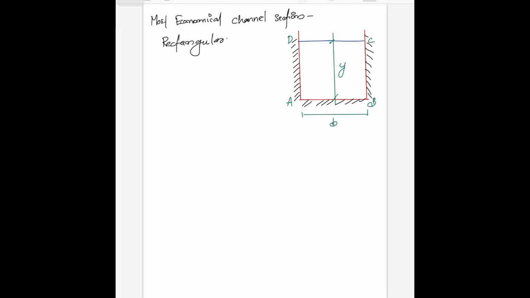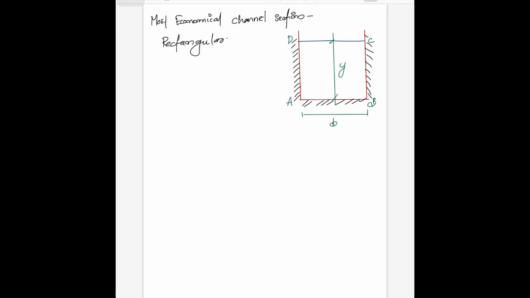Hello friends, today we shall see the derivation of conditions for the most economical channel section, rectangular. Here we will be deriving the conditions which, if satisfied by a rectangular channel section, will make it the most economical or most efficient one.